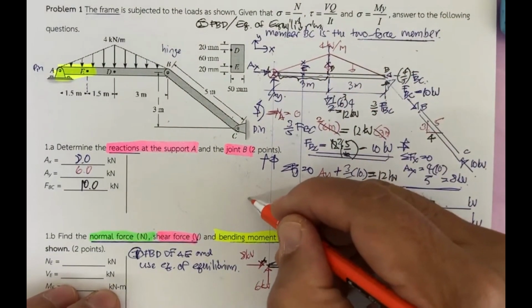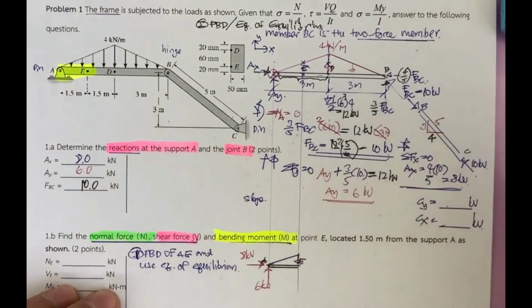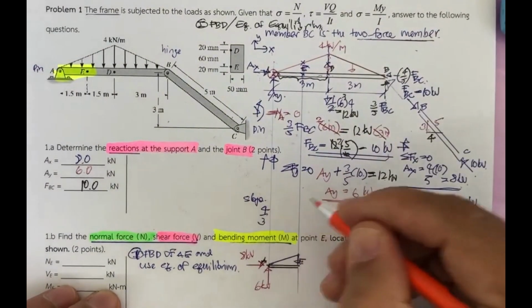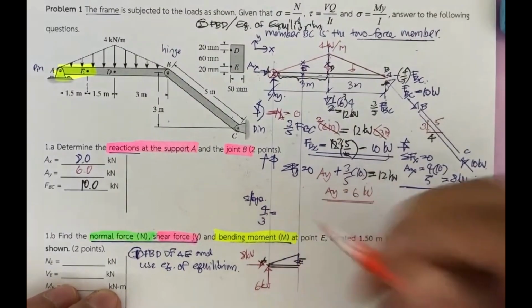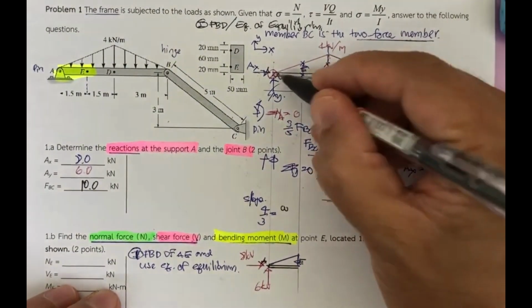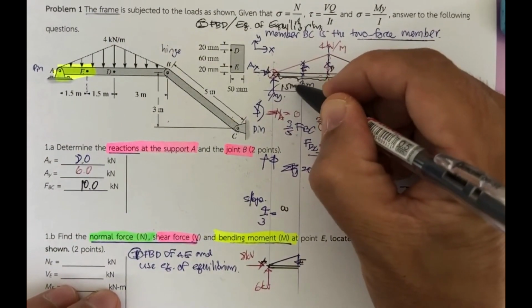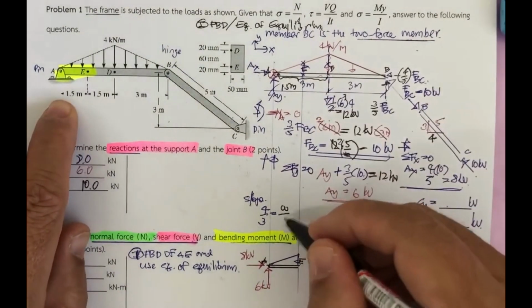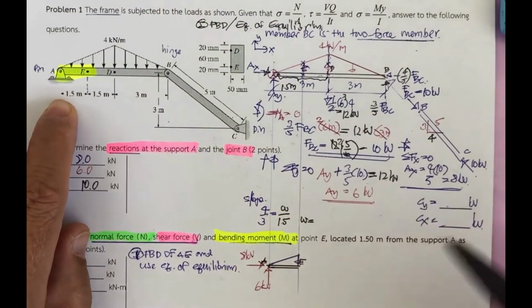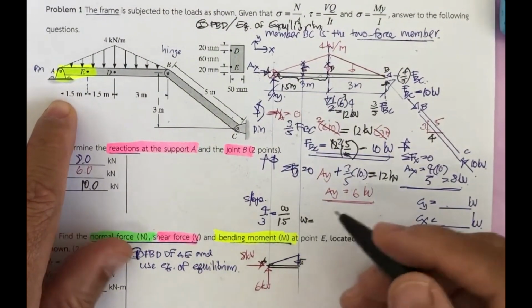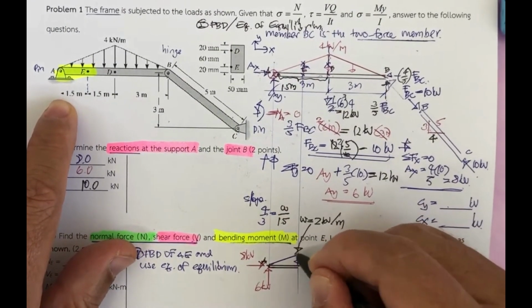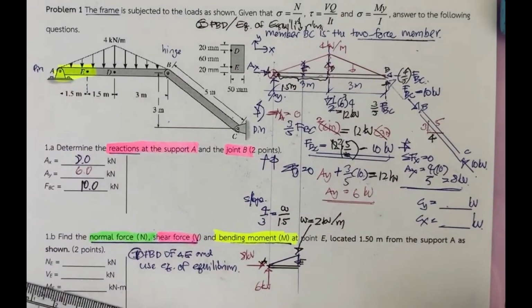The slope is equal to W divided by half of this, which is 1.5 meters. So if you push it into the calculator, W is going to be 2 kilonewton per meter.